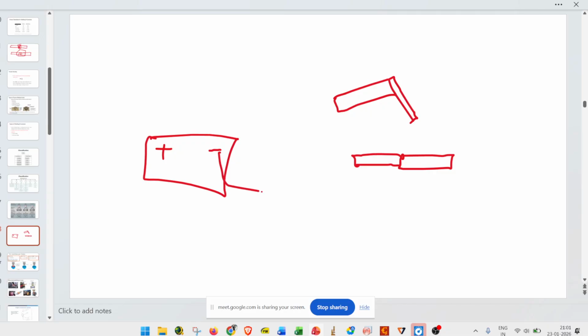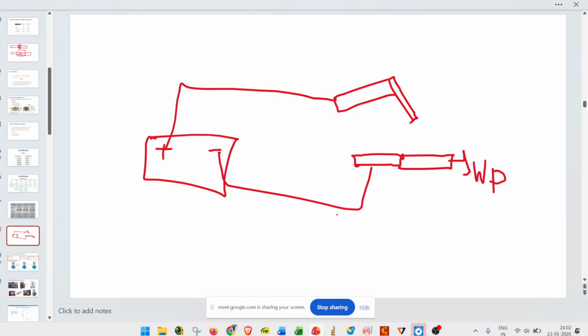Here we connect one terminal of the power supply to the workpiece and the other to the electrode. Once we bring this electrode near the workpiece, because of the electric potential, an arc will be generated. That arc will give enough heat to melt the workpiece.